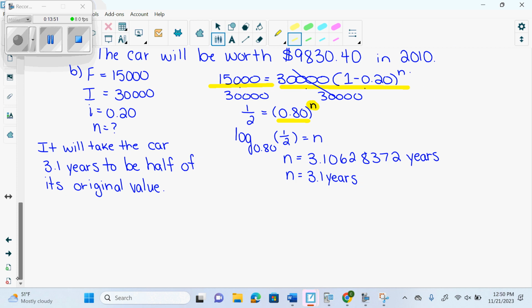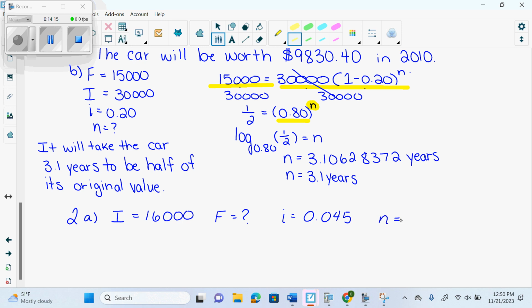So what are we given? We're given the initial is 160,000. Final, we're looking for the final population. Interest rate is 0.045. It's increasing, so I know I'm going to have to add. And it wants in 2005.